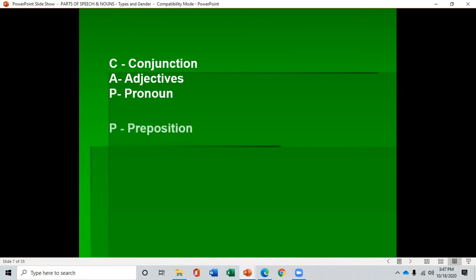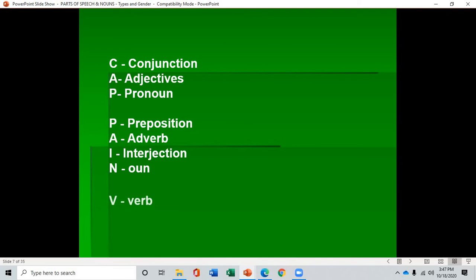Alright, so for us to remember the 8 parts of speech, we have C for conjunction, A for adjectives, P for pronoun, another P for preposition, A for adverb, I for interjection, N for noun, and then V for verb. So using this acronym, it will be easier for us to remember the 8 parts of speech.